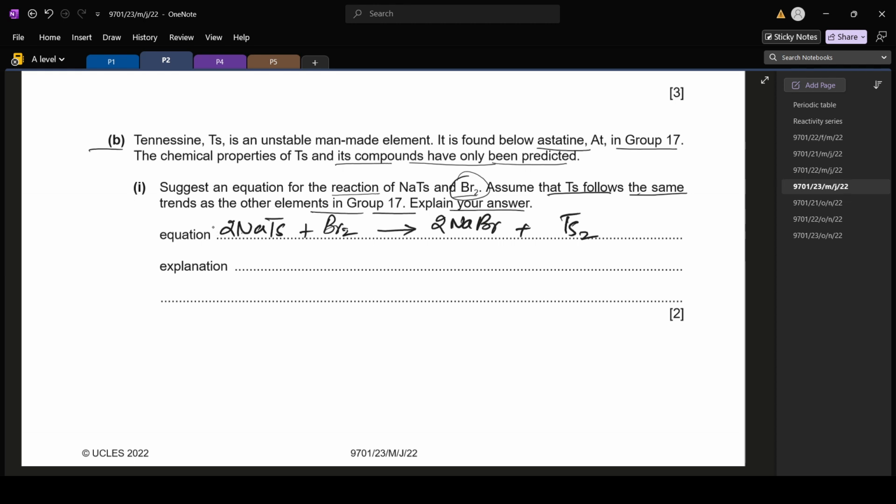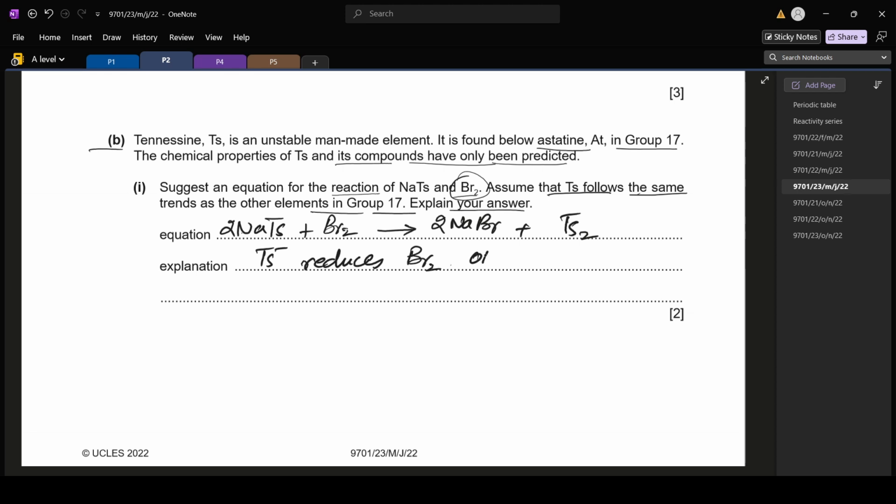An explanation. What is the explanation? There is a decrease in reactivity down the group, or you can say the reducing strength of halides increases down the group. Or you can write it as tennessine reduces bromine.